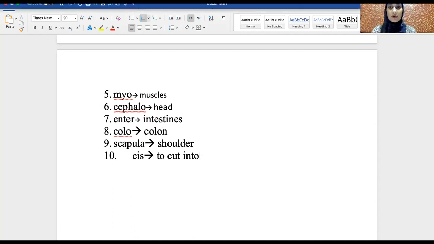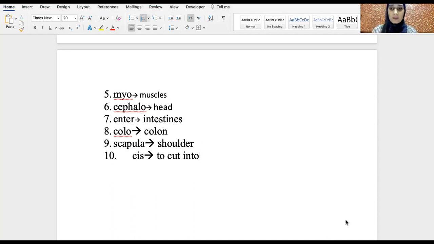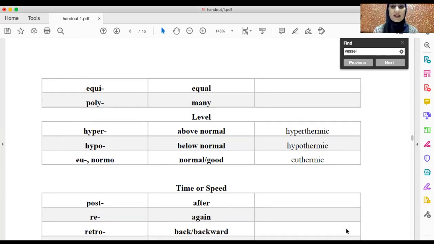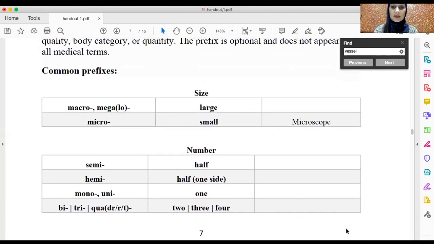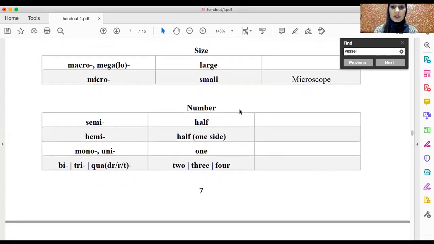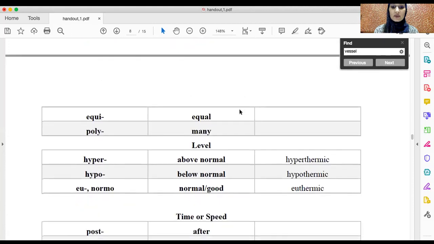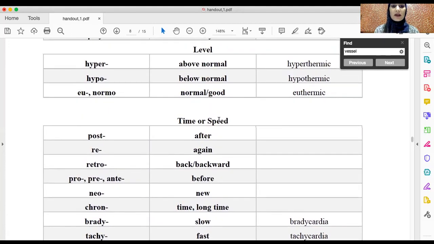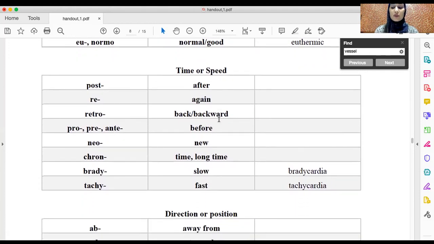So let's go back. This was a quick refresh of the information we have taken. Let's go back to the prefixes. We have taken the prefixes that refer to the size, to the number, and to the level. And now we will take the prefixes that refer to time or speed.